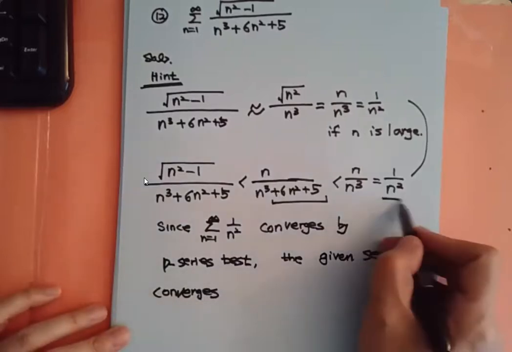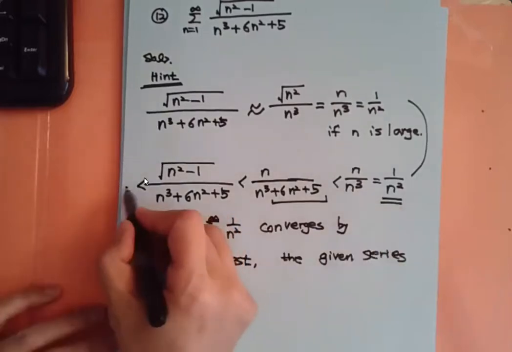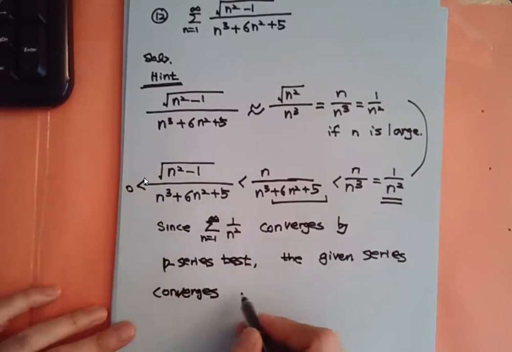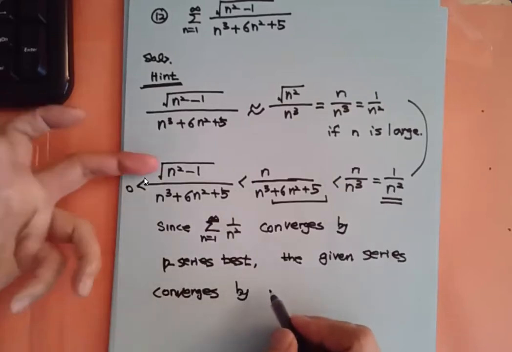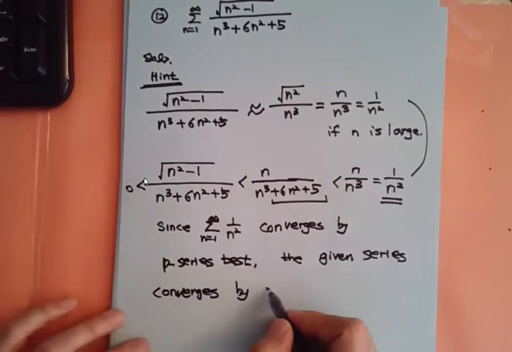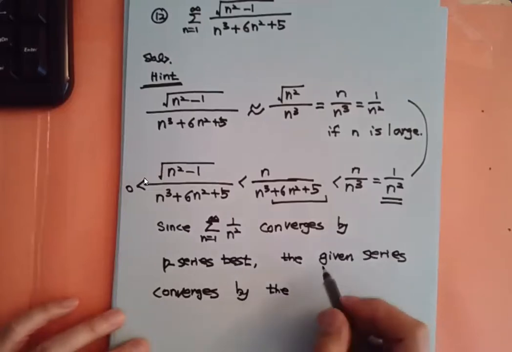The larger one converges, and this is greater than 0. So this series will converge by the comparison test.